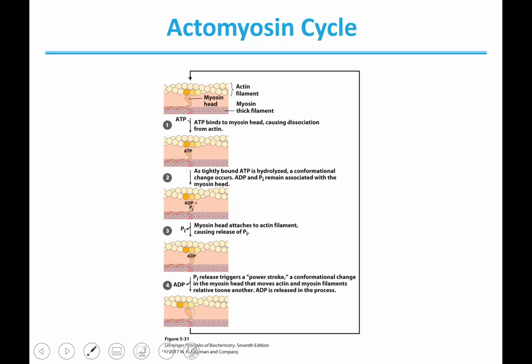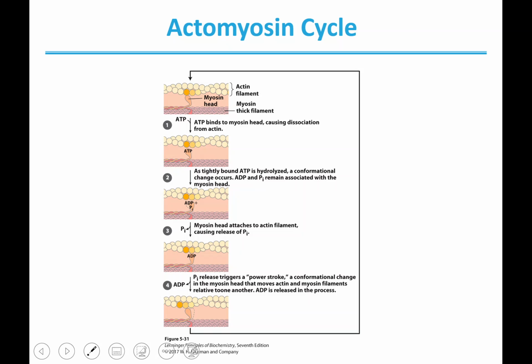Okay, the ATP is then hydrolyzed. So it is converted from ATP, adenosine triphosphate, to ADP, which is adenosine diphosphate, and a phosphate group. And in biochemistry, we depict phosphate groups by themselves as P sub i, and that i stands for inorganic phosphate.